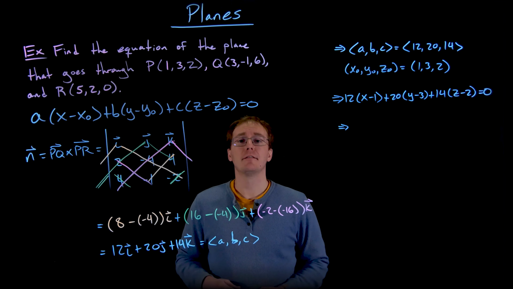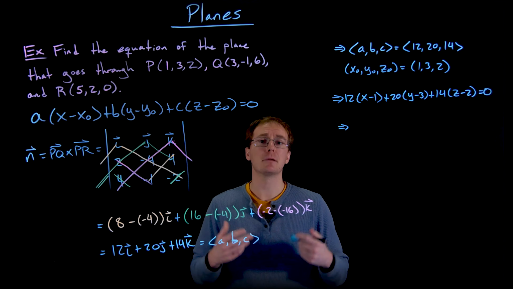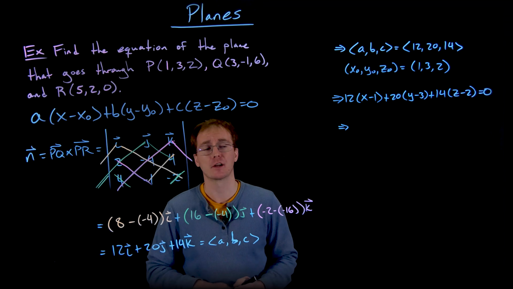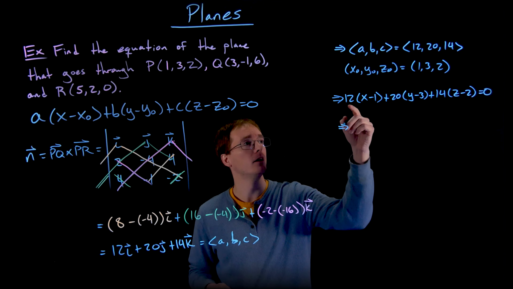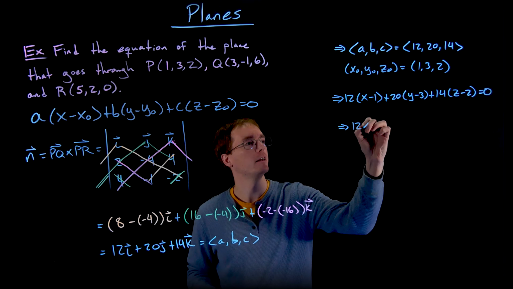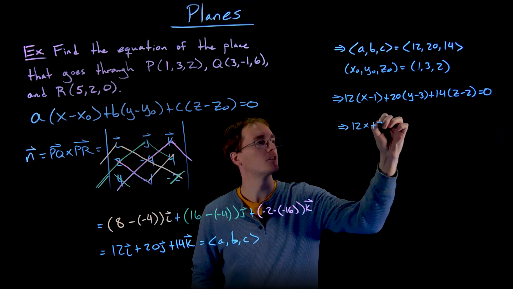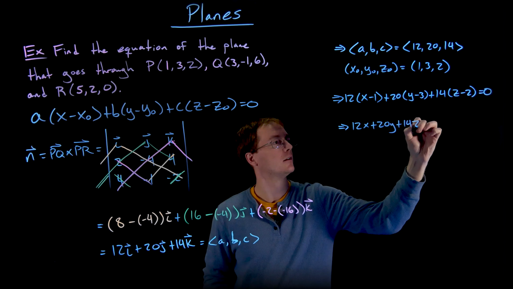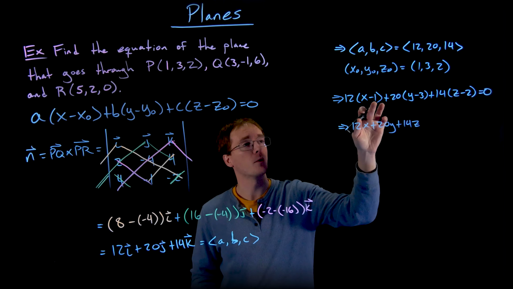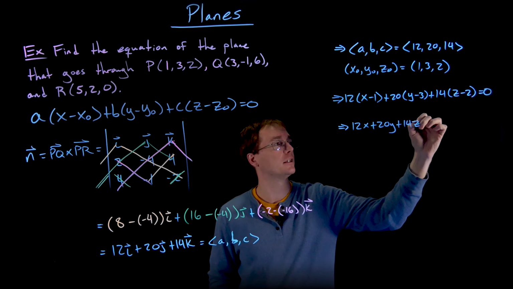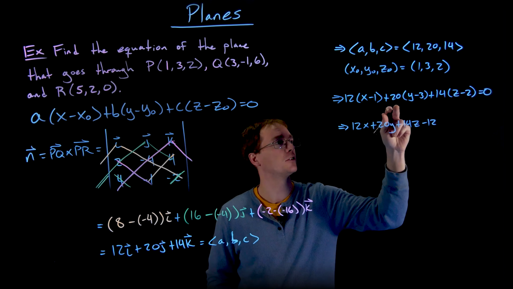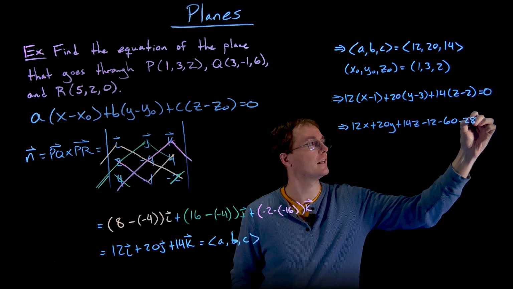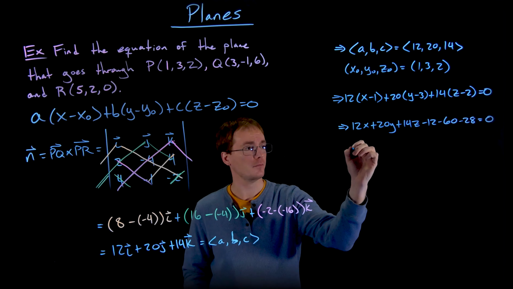So while we do have a scalar equation for our plane, it might be more convenient to write it in that other form where we expand and combine all the constants together. So if we do that here, our variable terms are going to look like 12x plus 20y plus 14z. And then our constant terms from the rest of the distribution here are going to be a -12 from our first piece, a -60 from our second piece, and a -28 from our third piece.